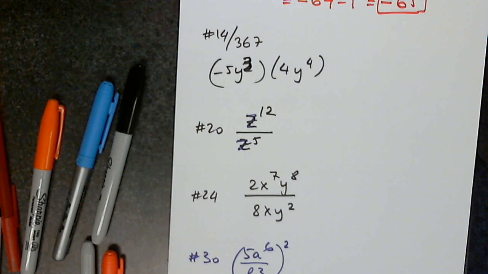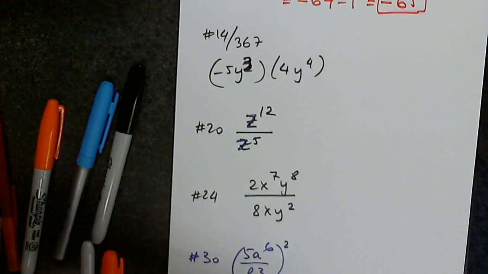Negative 5y to the third times 4y to the fourth. Very good.